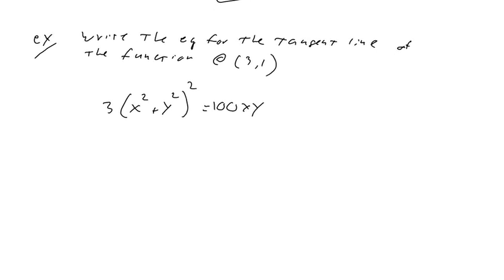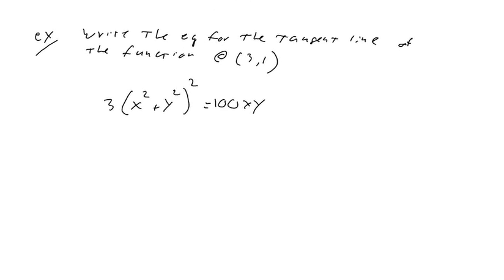So here's our equation. I want to know what is the tangent line. Write the equation for the tangent line of the function at the point (3, 1). Here's our equation. We can go to Desmos and plug the equation in to get a visual of what it looks like.